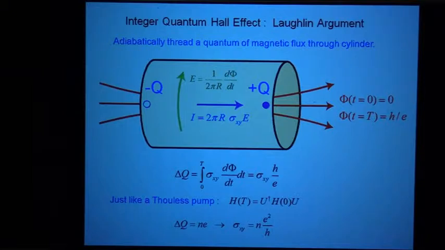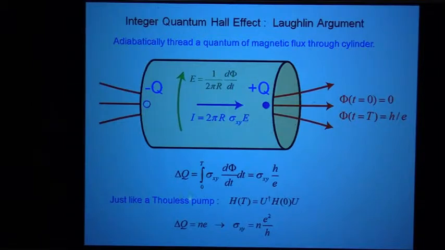So that tells you immediately that sigma xy has to be an integer multiple of e squared over h, and in fact, this integer n is the Chern number characterizing this one-dimensional Thouless pump, which is parameterized by the magnetic flux.